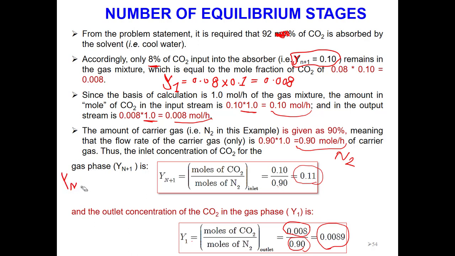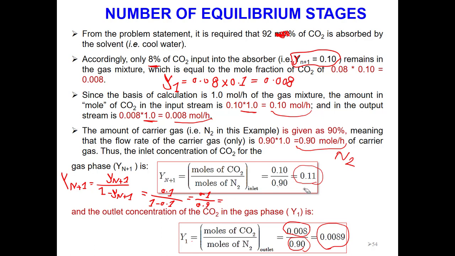Yn plus 1 is y divided by 1 minus y. So here you have 0.1 divided by 1 minus 0.1, that is 0.1 divided by 0.9.